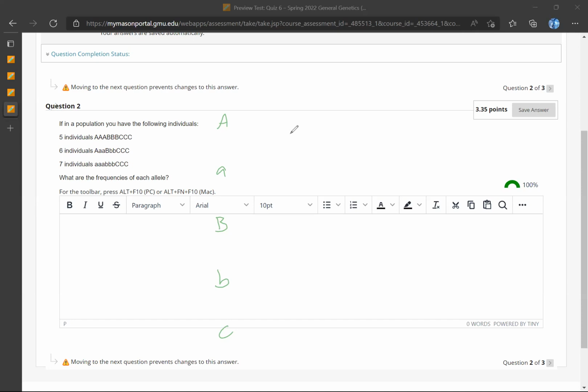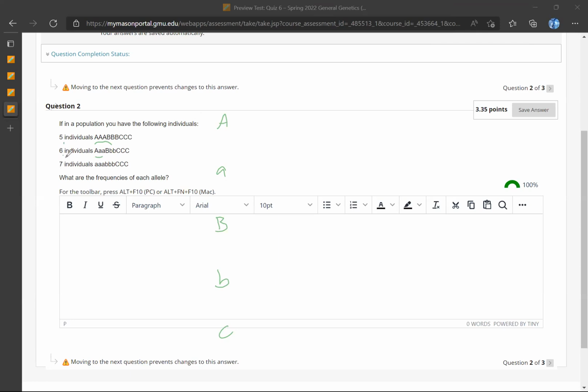So for A, let's find out how many times, and the total number of alleles for the population, would that be 3? You're getting there. We aren't there yet. 3 times 5 plus 6 for total. Okay, so let's work it out. So how many times do we see the A allele? We see it 3 times in 5 individuals, 1 time in 6 individuals, and 0 times in 7 individuals.